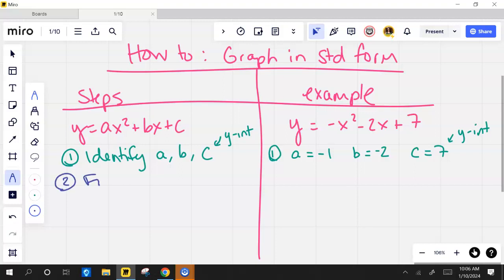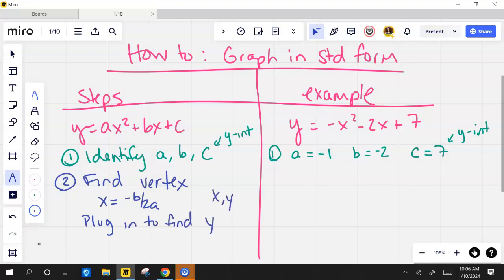Let's find the vertex. We're going to find the vertex exactly the way we found the vertex before. And that was we're going to do opposite B over 2A. And then we're going to plug in to find y, so that I have an x and a y for my vertex.